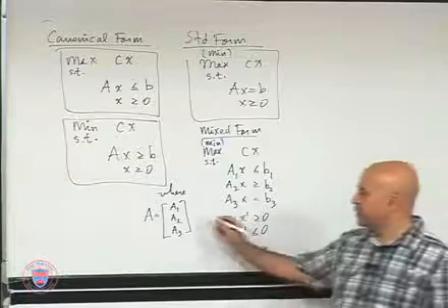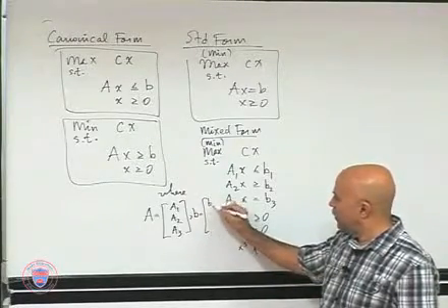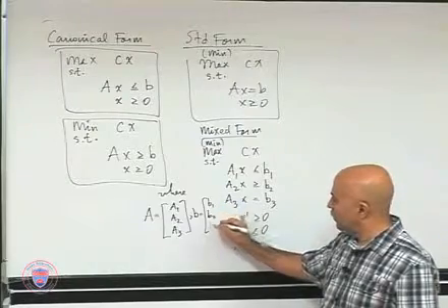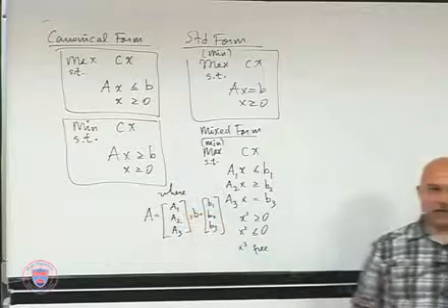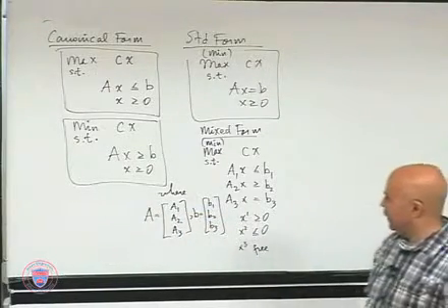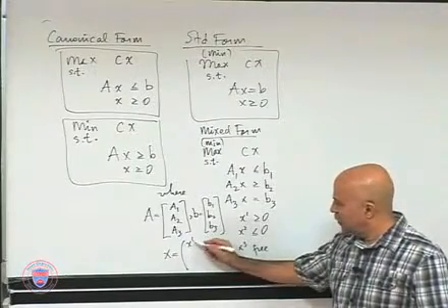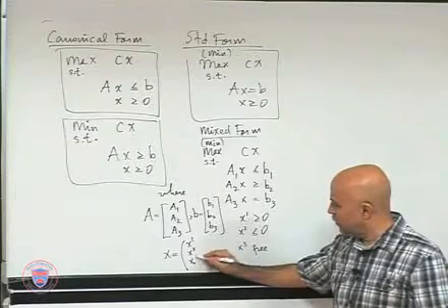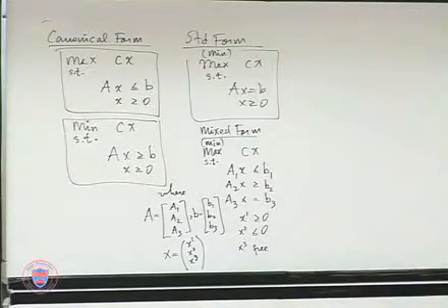And of course, B is partitioned similarly with vectors b1, b2, b3 having the same number of rows as a1, a2, a3 respectively. And what else? X is also partitioned into subvectors x1, x2, x3, referring to non-negative, non-positive, and free components.